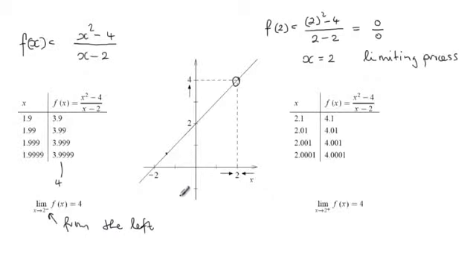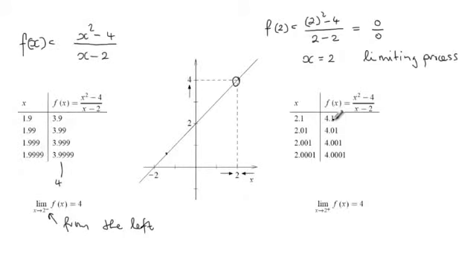Now, once we're satisfied with the behavior of the function as we approach x equal to 2 from the left, we also do a similar analysis from the right. Then this is what happens. You've got 2.1, and we want a number which is less than this one. We get 2.01, and then the next one 2.001, and in this case these numbers are decreasing from the right towards 2.